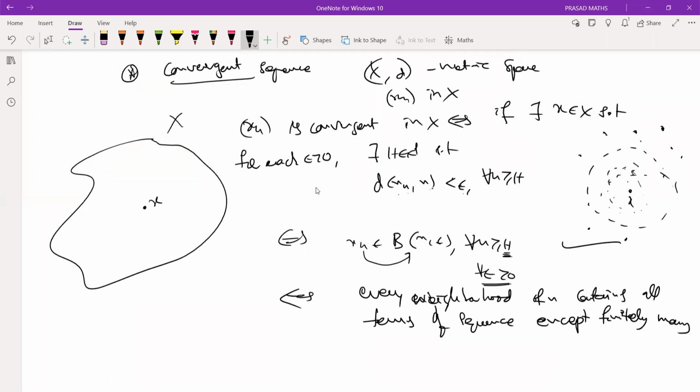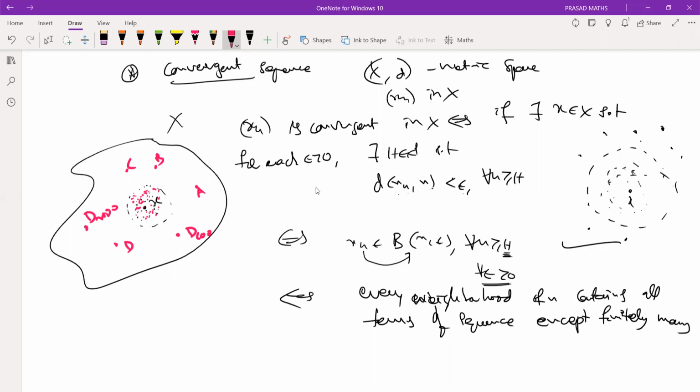You take any neighborhood of that point, and it contains all terms of the sequence except finitely many. All the terms of this sequence must be inside it. Suppose A, B, C, D100, D2000 are outside, finitely many outside is fine, but all the rest must be inside. That's the definition of sequence convergence.